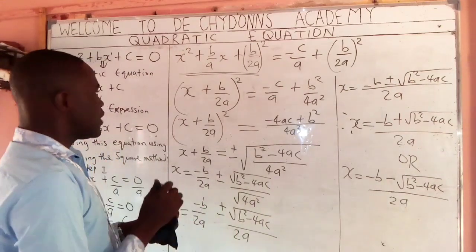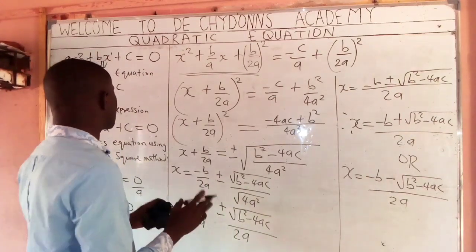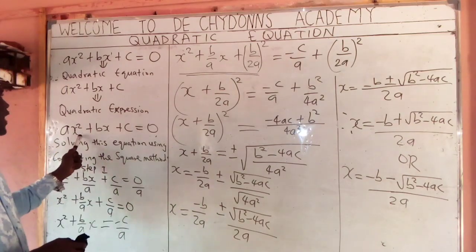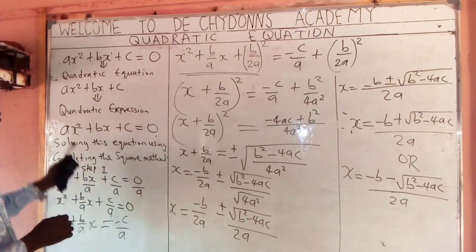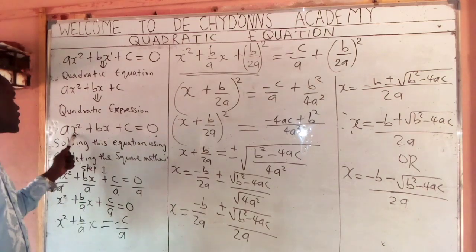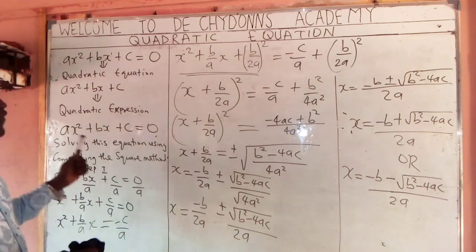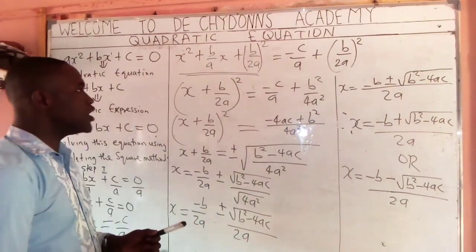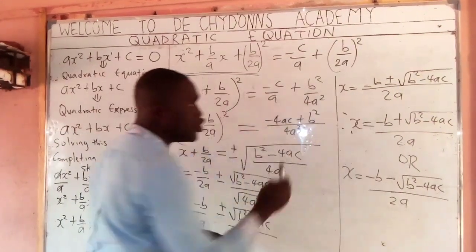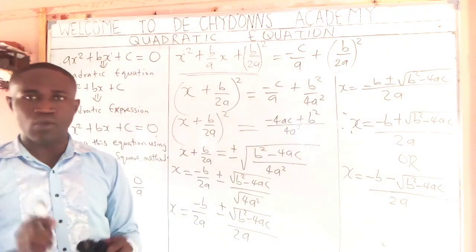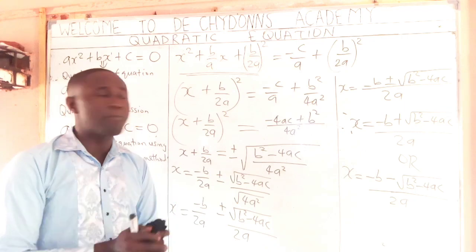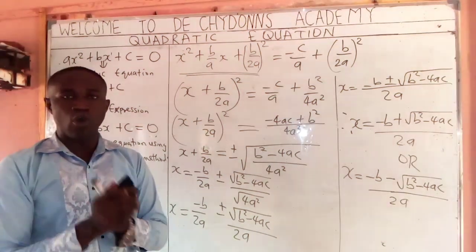Okay? Now, we have been able to factorize this quadratic equation, and we have factorized it to get this quadratic formula. So this quadratic formula can be used to solve any quadratic equation, whether the answer will give you a decimal number or a whole number.